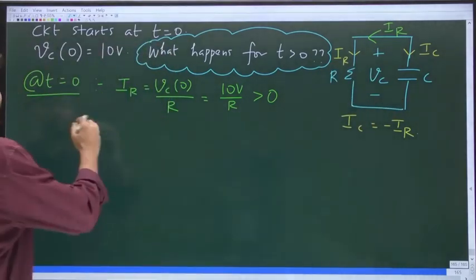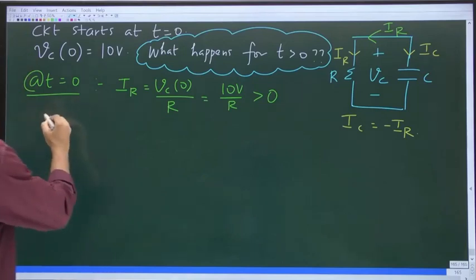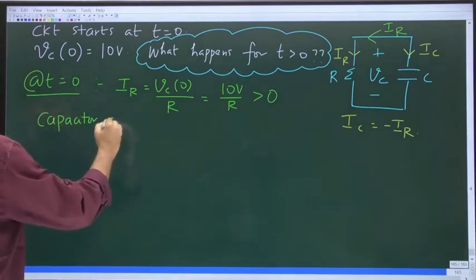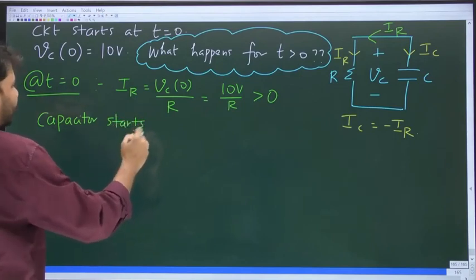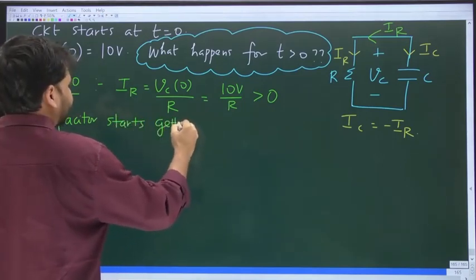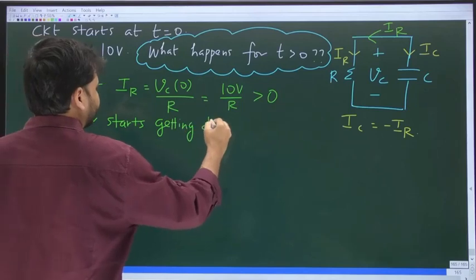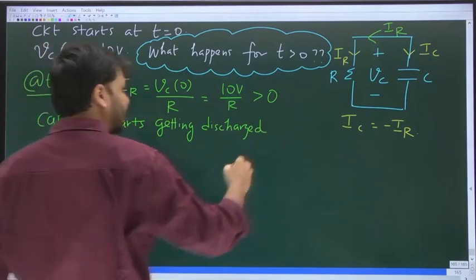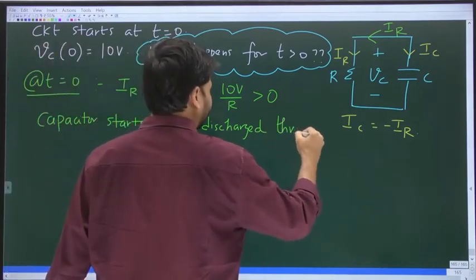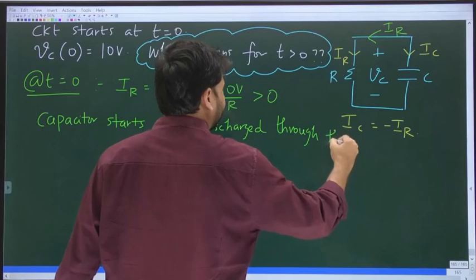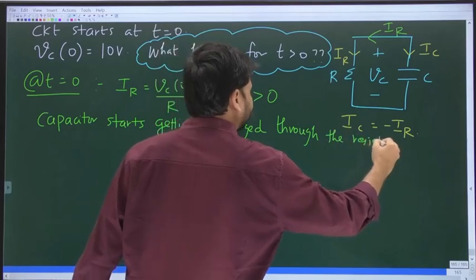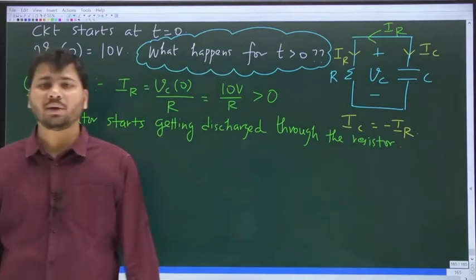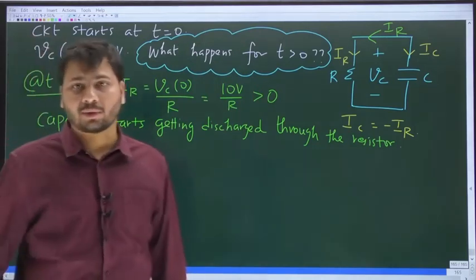Because of this IR, the capacitor starts getting discharged through the resistor.